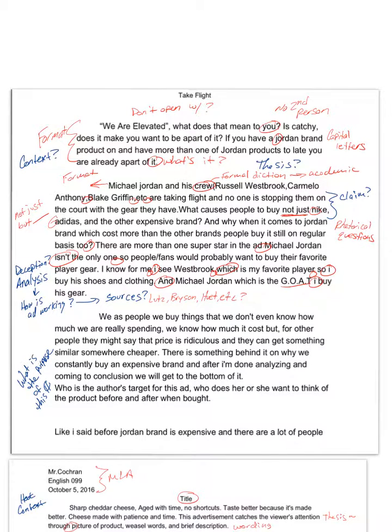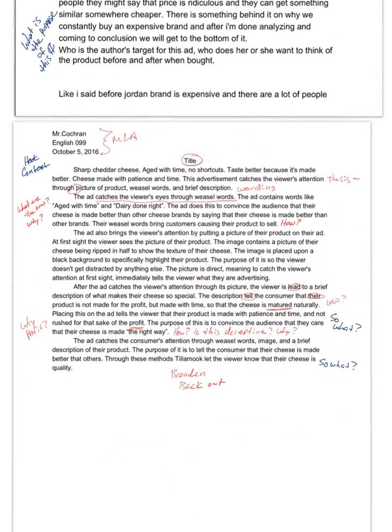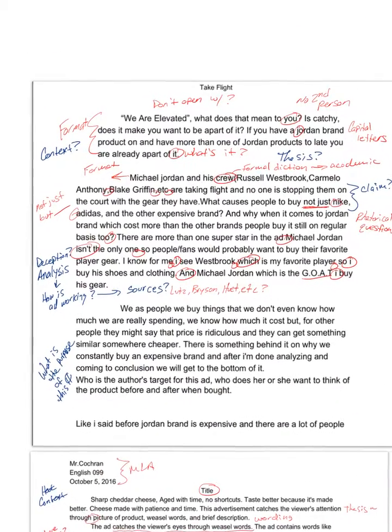In this paper, the context could be maybe something about Michael Jordan and the history of Jordans or things like that. In this paper, the context is also missing. Maybe something about Tillamook, cheese, history of the company, or something like that. But what kind of background information is going to help the reader understand the paper?